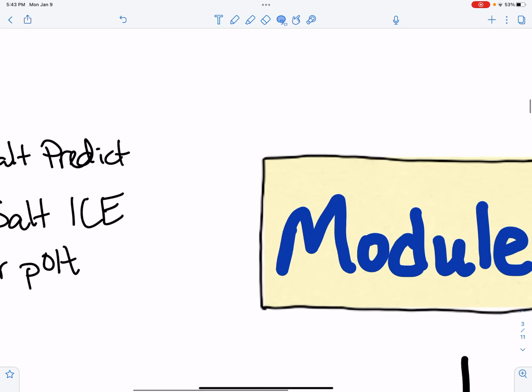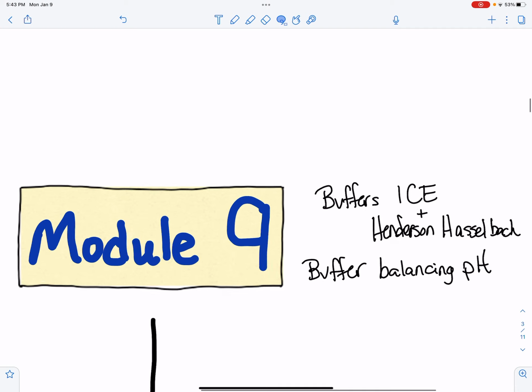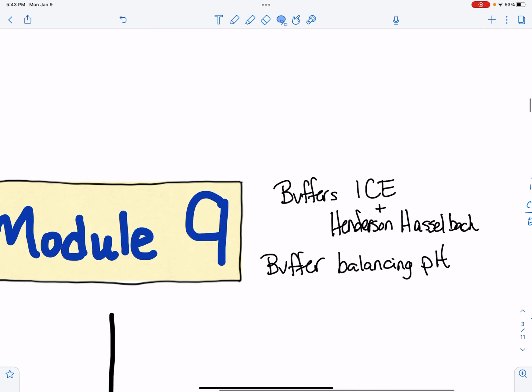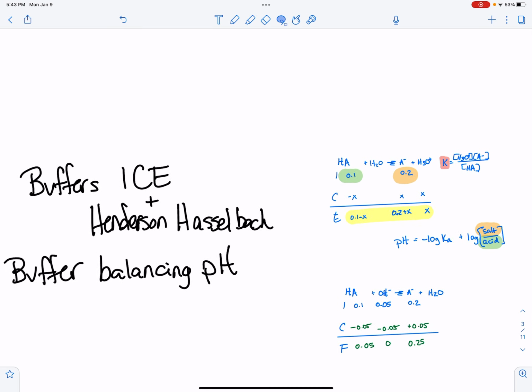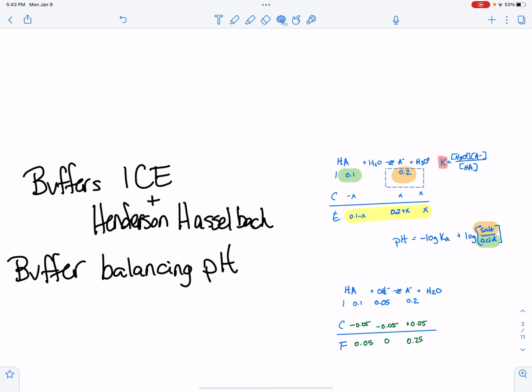And then over here, when you do buffers, I like buffer math because it's actually easier. You can bypass an ice chart or you can use it. So either you use an ice chart, and here's a little twist on this one: you have an initial value right here. And the reason that's okay is because when you get to the bottom, you assume that that x doesn't matter, and it just makes way easier math. It'll end up giving you 0.2 times x over 0.1.